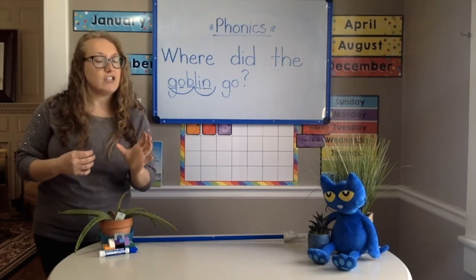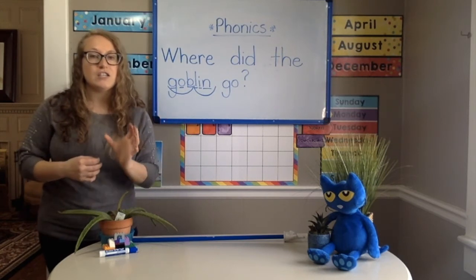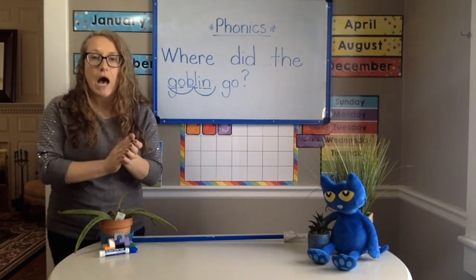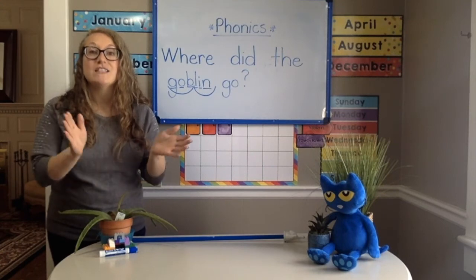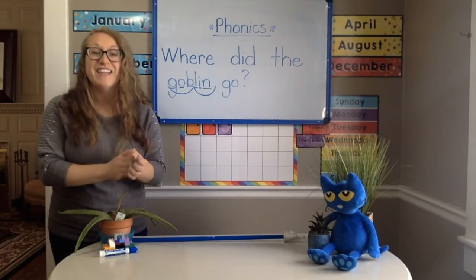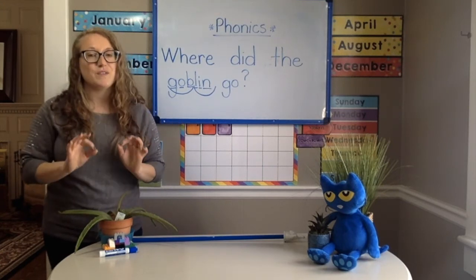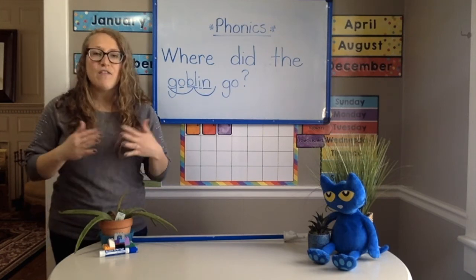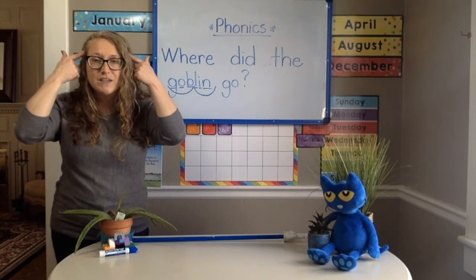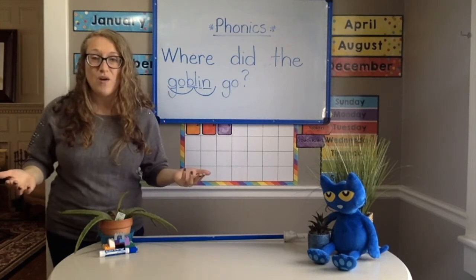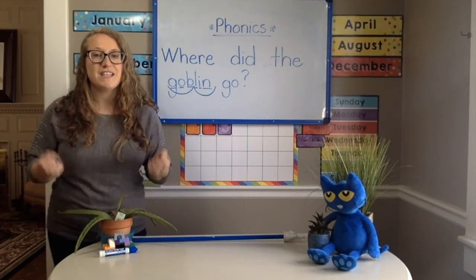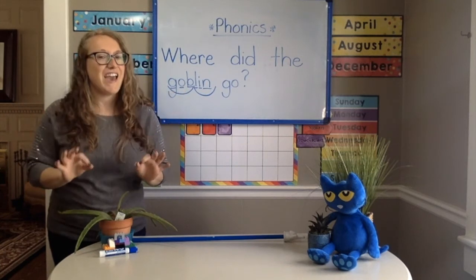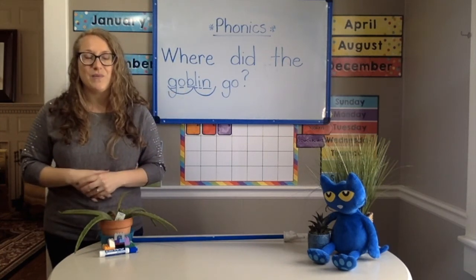And just write each syllable by itself. Goblin. Sound out gob. And then sound out lin. You're doing a great job, kindergarten. It's okay if it's tricky, because if everything was easy, what would our brains do? They wouldn't grow. We need to try tricky things so that our brains can grow. And it's a-okay if you make mistakes along the way.